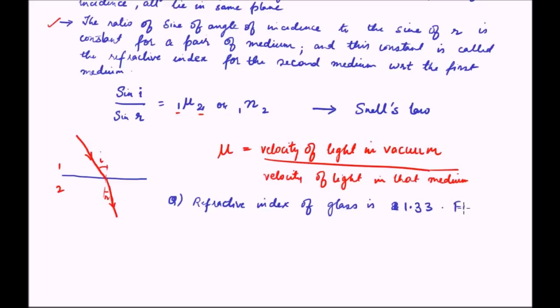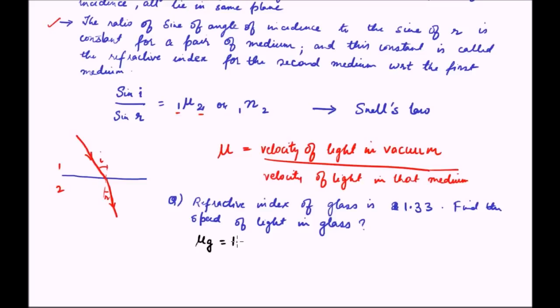The question asks us to find the speed of light in glass. Pretty straightforward, right? We know the refractive index of glass. We can write it as mu g or mu glass, and that is 1.33.